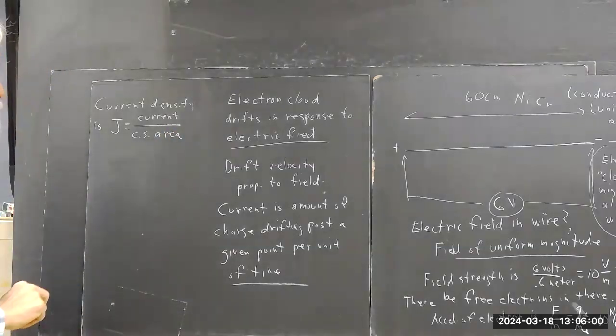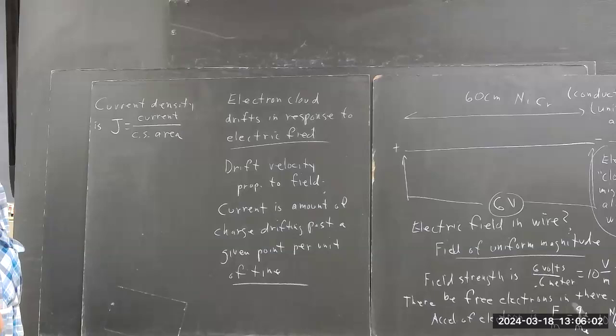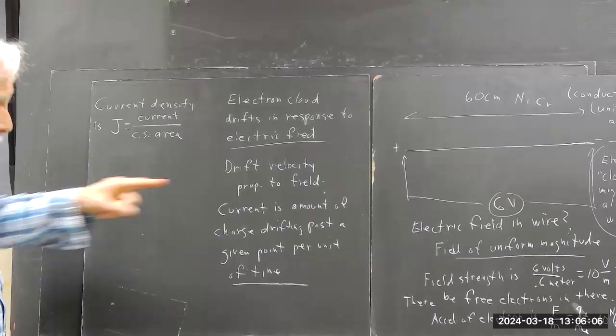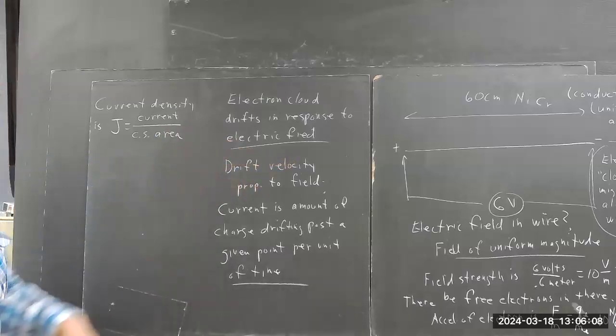The current density is J, which is current per cross-sectional area. It's actually a vector. It's in the direction of your wire.